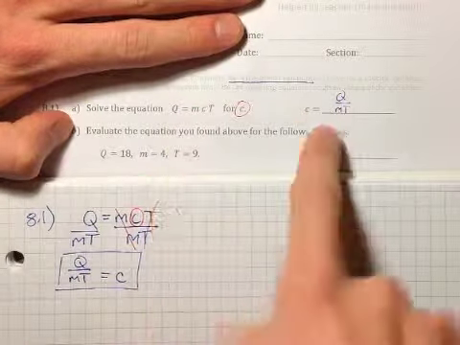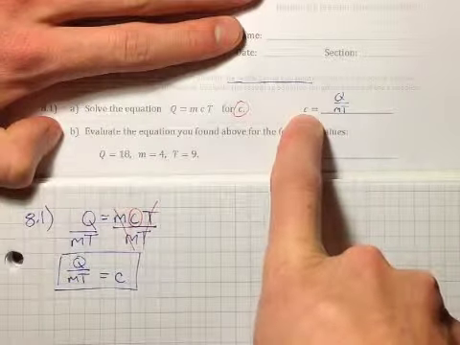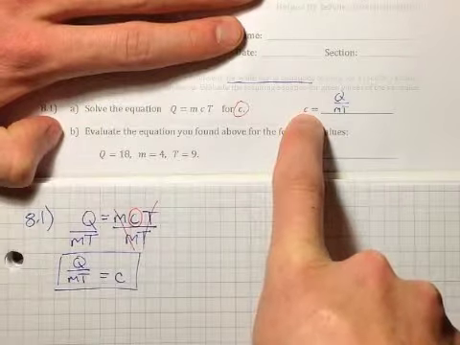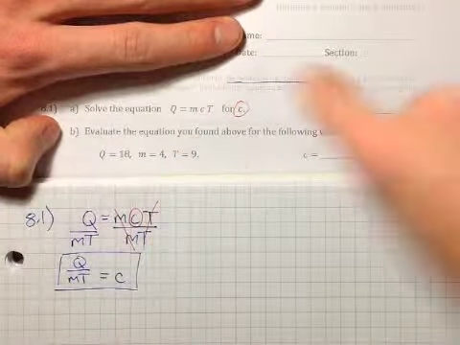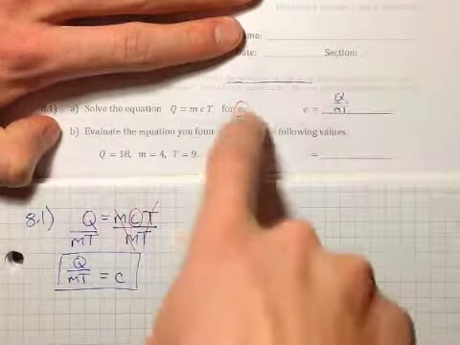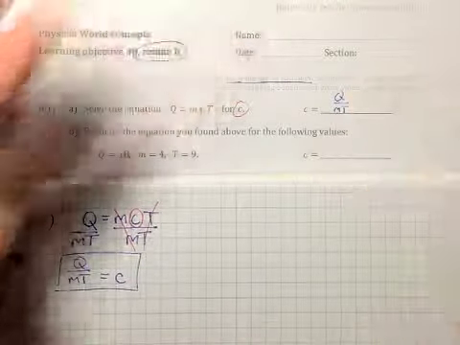But that's what we just did here. The whole point of solving a literal equation, of rewriting it so that we've isolated one variable, is so that we can plug these numbers directly into that equation. Okay? We don't need to resolve that equation for those numbers plugged in. Okay? That's just extra work. So let's use that equation right there.